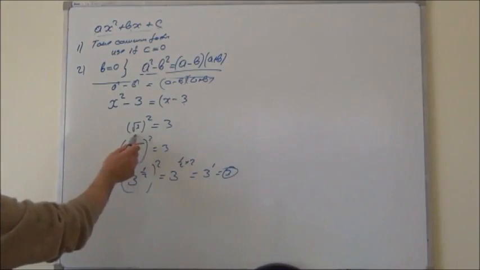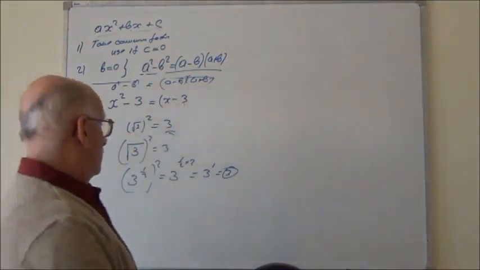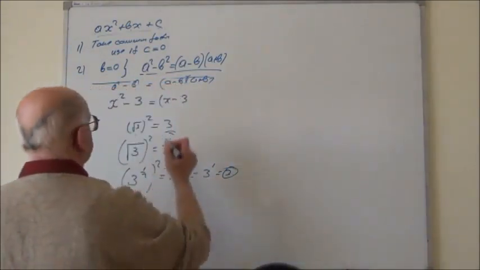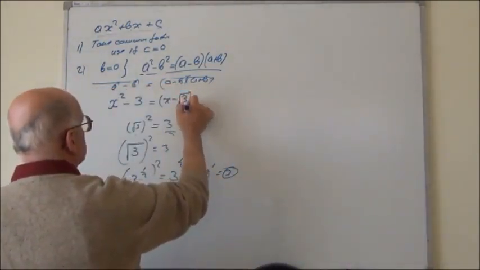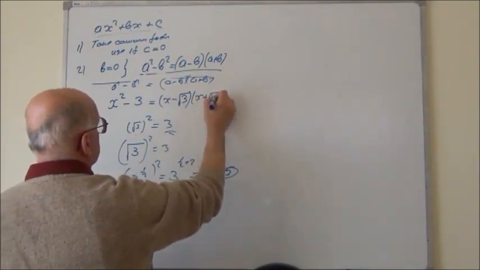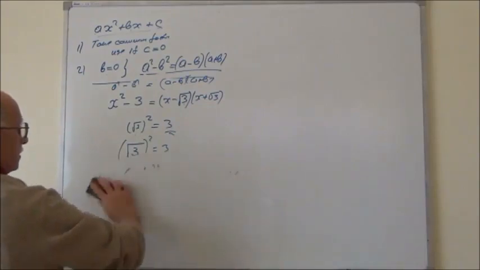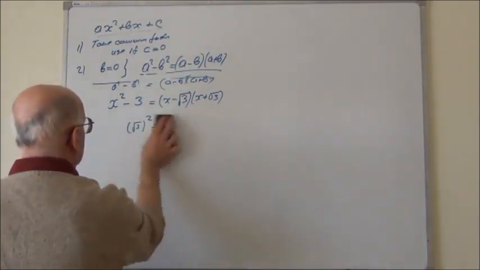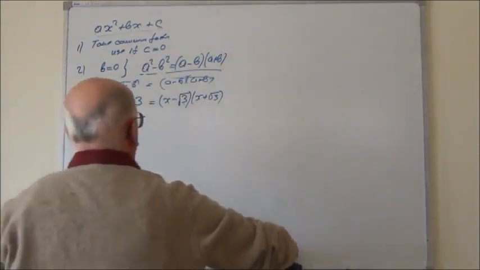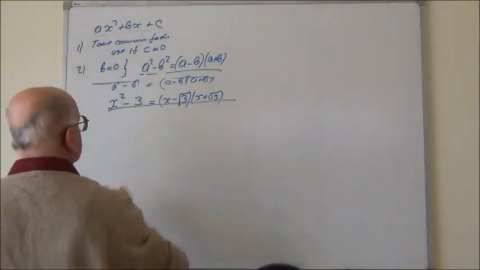So that's why square root from 3 squared is just 3. And here then will be square root 3 and x plus square root 3. Let's see one more example.